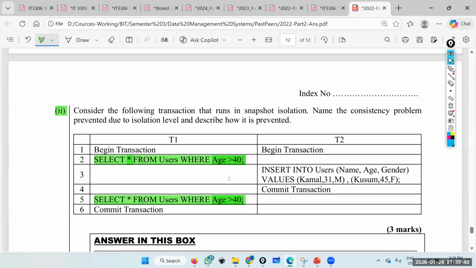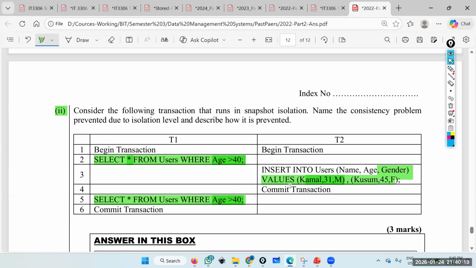That is not going to affect these queries because these queries are only interested in age greater than 40. But this one is 45. 45 is greater than 40. So therefore, if you get 10 records, here you get 11 records.